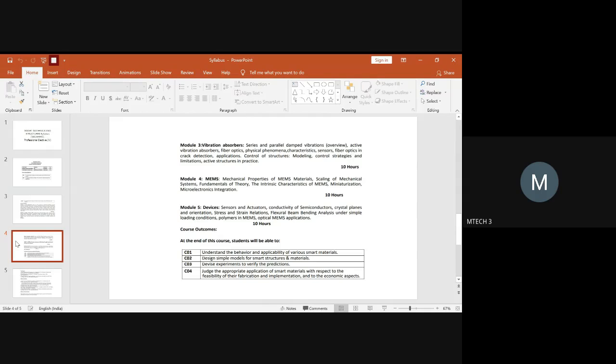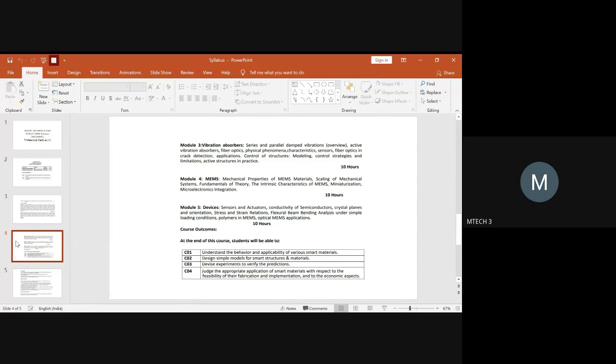This active vibration absorber should be for some specific application. Yes, ma'am. So you need to provide a glimpse of the importance of vibration absorbers and why they have been used. If you have a class of active and passive vibration absorbers, you have to show the differences and what the application of using these vibration absorbers is.